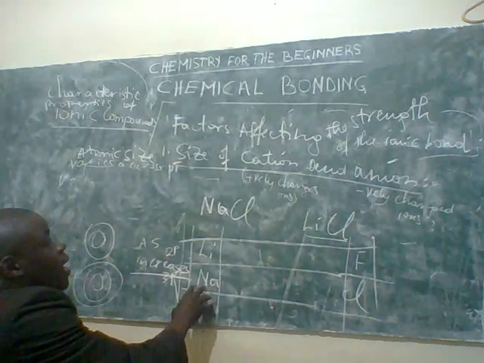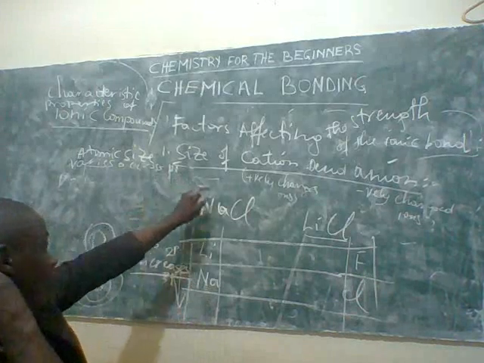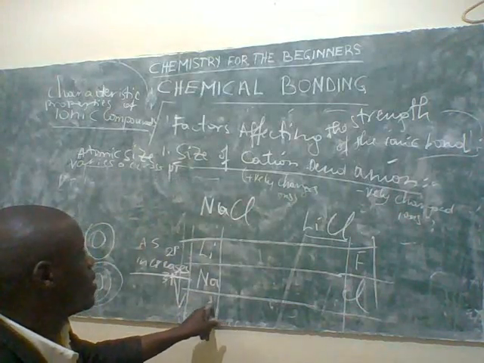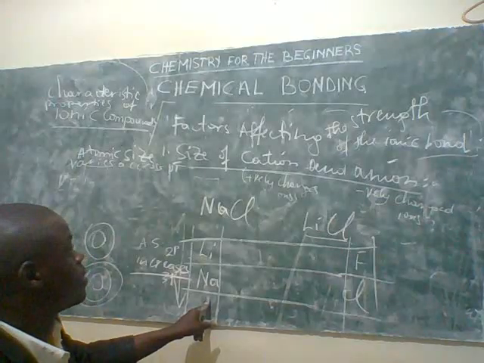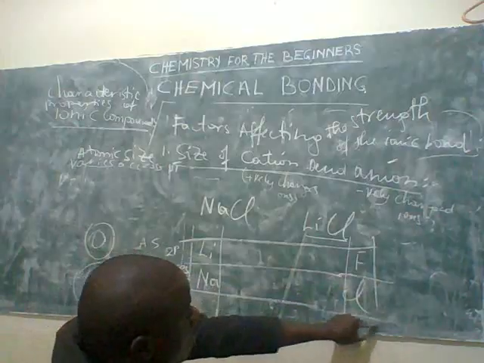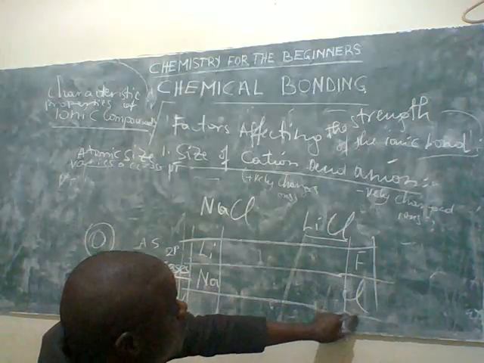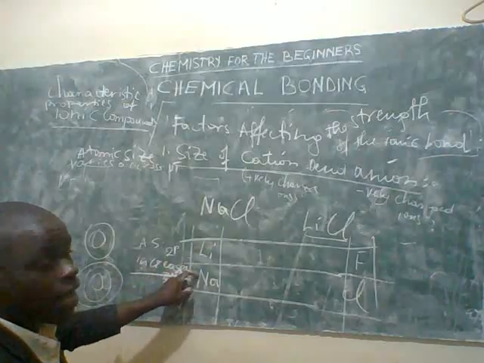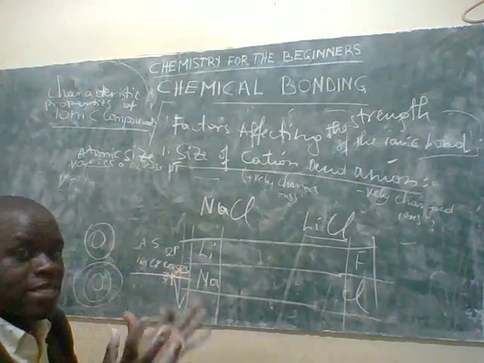So when the size of a cation is bigger than another, you will compare these two. Which one has the bigger atomic size?